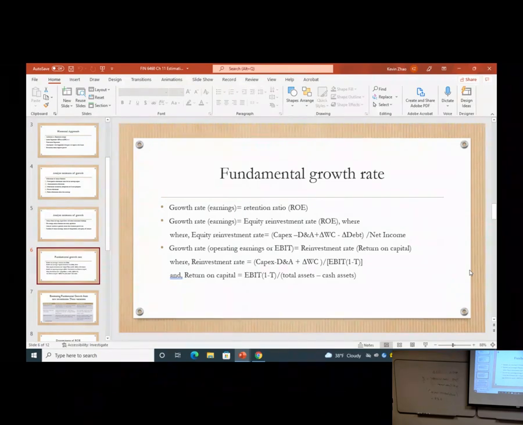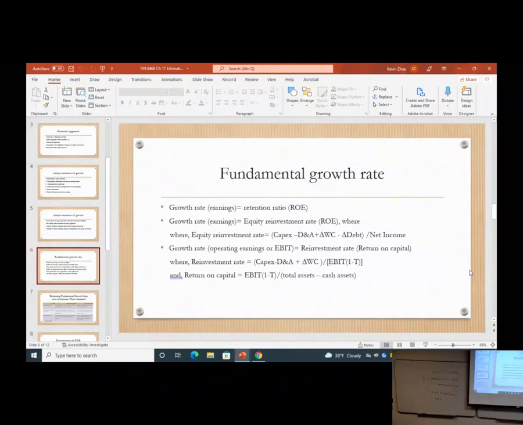So here's the real investment. CapEx, that's capital expenditure, minus depreciation and amortization gives you net reinvestment. Then you make an adjustment for changes in working capital and changes in debt. Those are the reinvestment-related cash flows.